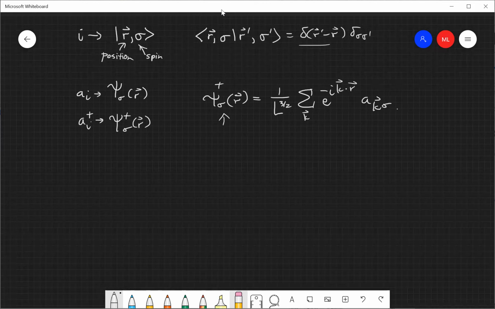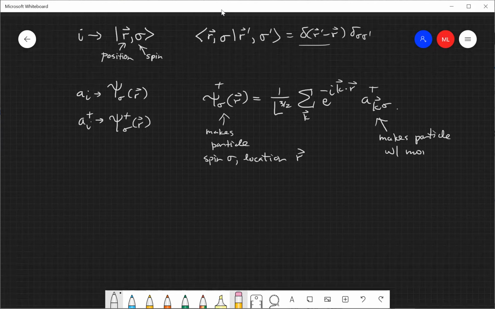We have to put daggers. So this makes a particle with spin sigma at location r, and this makes a particle with momentum h bar k and spin state sigma.